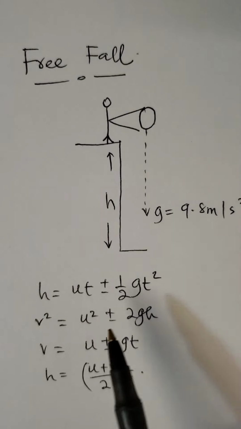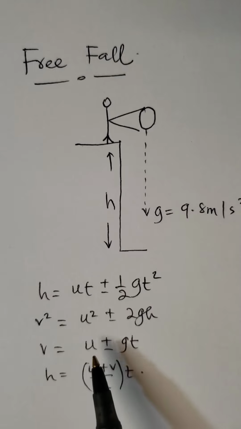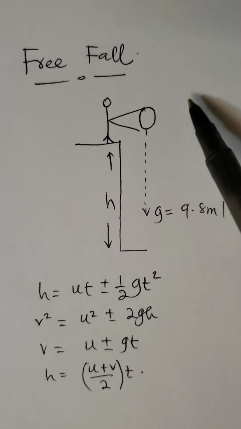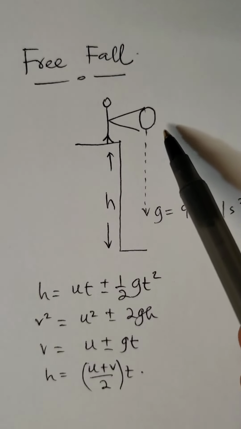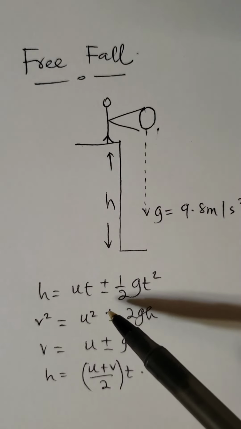Now, we are going to use these four equations of motion to describe the motion of this moving object falling freely from a known height.